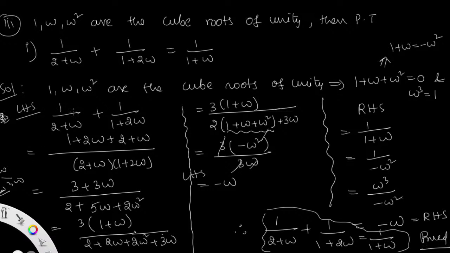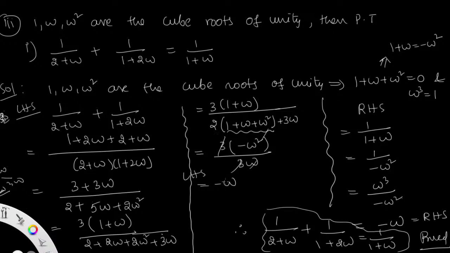So first take the LCM. Given LHS, 1 plus 2 omega and 2 plus omega, by general multiplication you can get 2 plus 5 omega plus 2 omega square in the numerator, as 3 plus 3 omega. 3 as common, just 5 omega I am splitting as 2 omega and 3 omega. So in this proving, 2 will be common, then you get 3 into minus 1 plus omega, which is nothing but minus omega square.